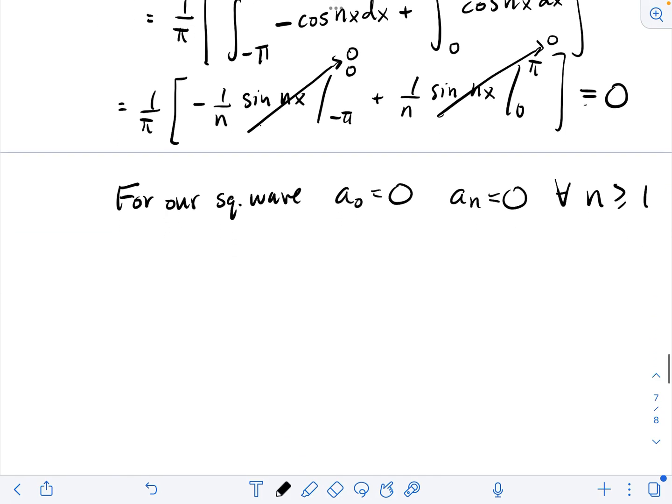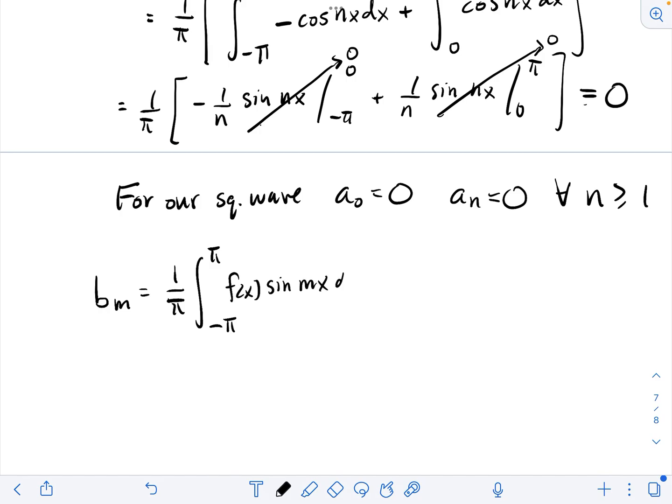bm is equal to 1 over pi, integral from minus pi to pi of f of x sine mx dx. And it's just the same game. We separate our integral into the two intervals. We get minus sine mx dx plus the integral from 0 to pi of sine mx dx.